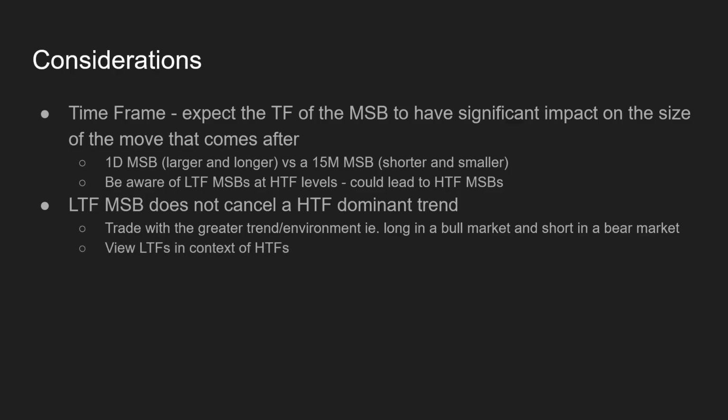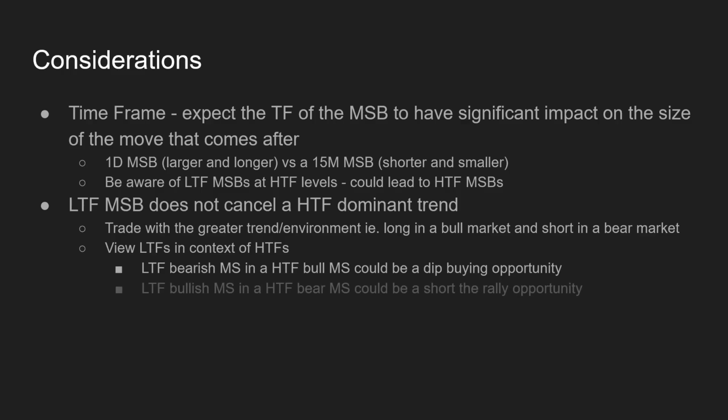And you want to view lower time frames in the context of the higher time frames. In this case, a lower time frame bearish market structure and a higher time frame bullish market structure could be a dip buying opportunity, and a lower time frame bullish market structure and a higher time frame bear market structure could be a short the rally opportunity.